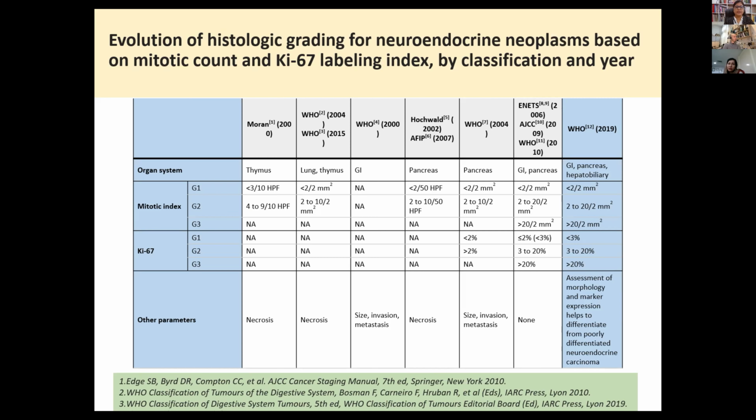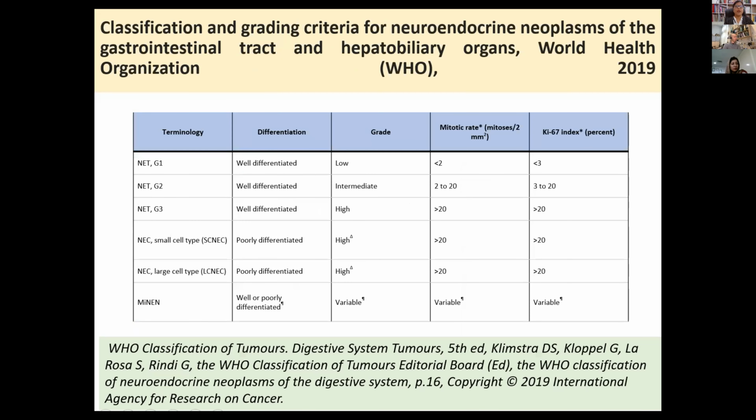This is the WHO classification of the digestive system, 5th edition, Lyon 2019, and the classification and grading criteria of neuroendocrine neoplasm of the GI and hepatobiliary WHO classification.